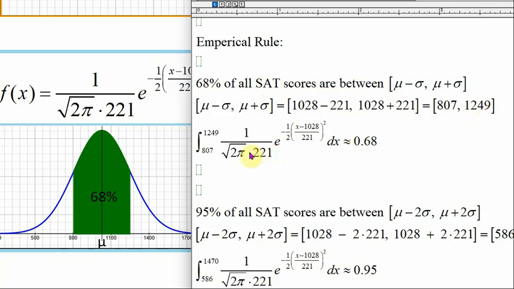In terms of the integral, it means that the integral from 807 to 1249 is approximately 0.68. Graphically, the area from 807 to 1249, so this area right here between the x-axis and the graph, will be 0.68.